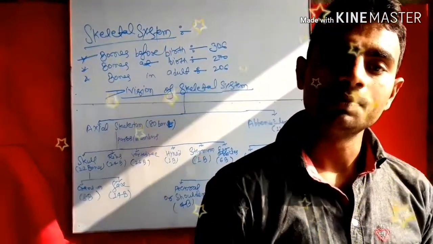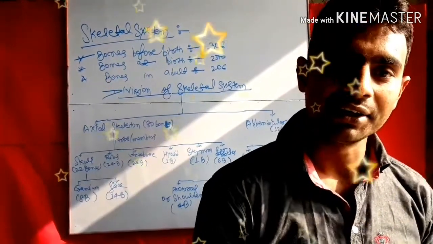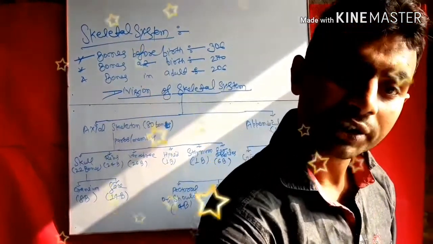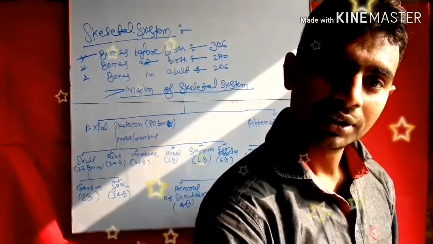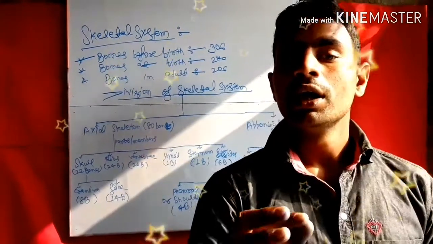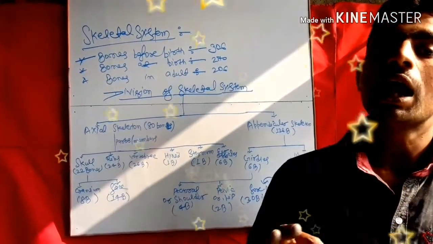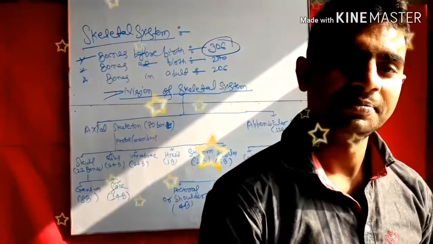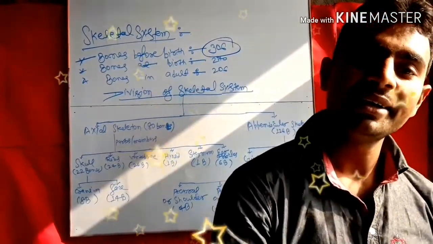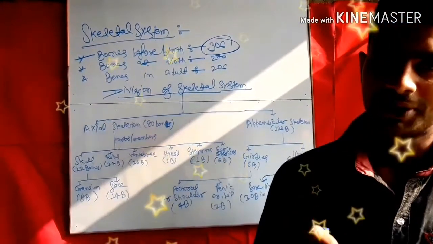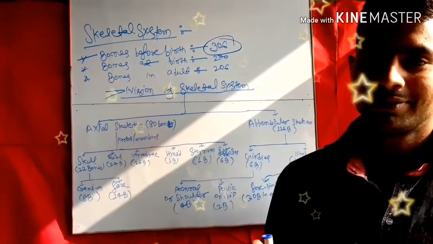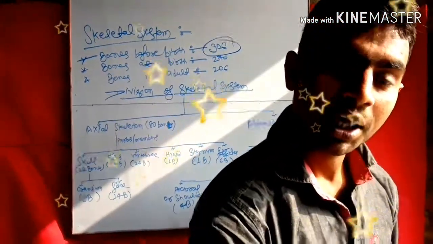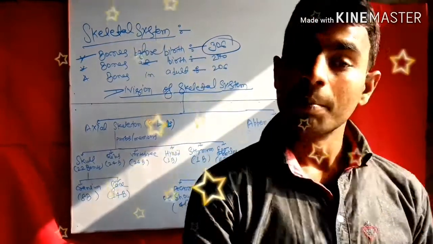In the language of life science, we can say that when we are present in the uterus, the number of bones in our body is 306. But that is for the time when we are present in the uterus, that is, in the stomach.